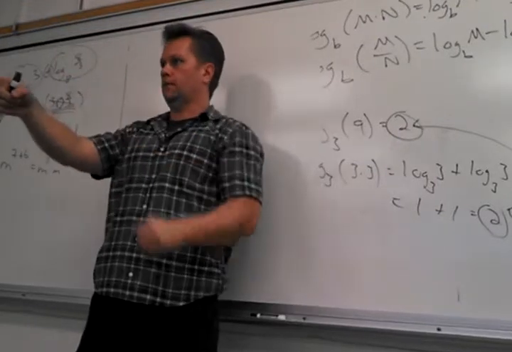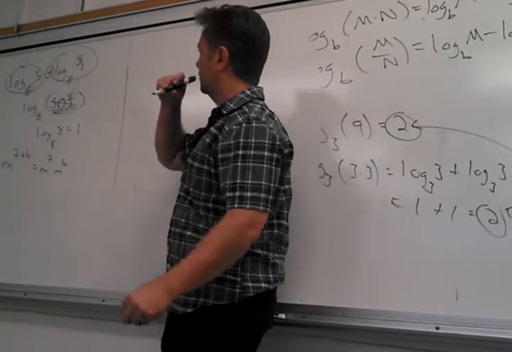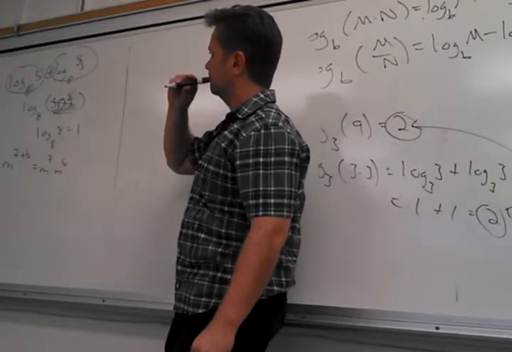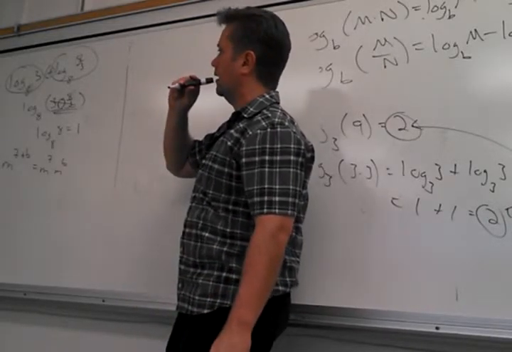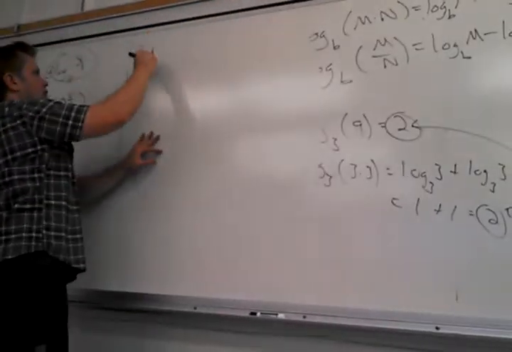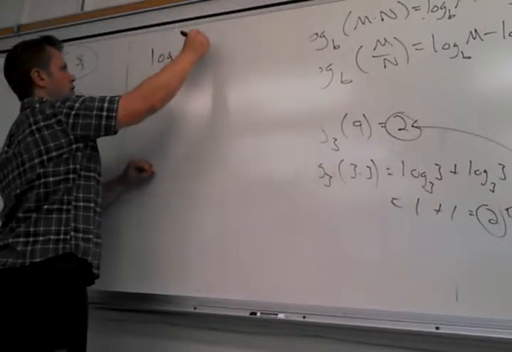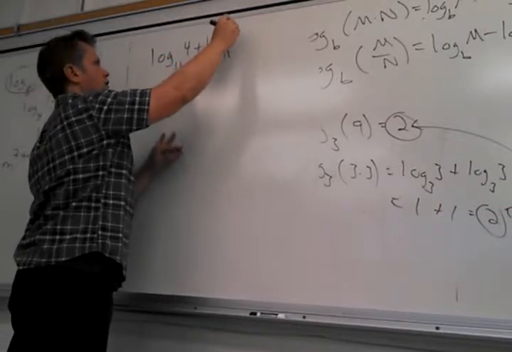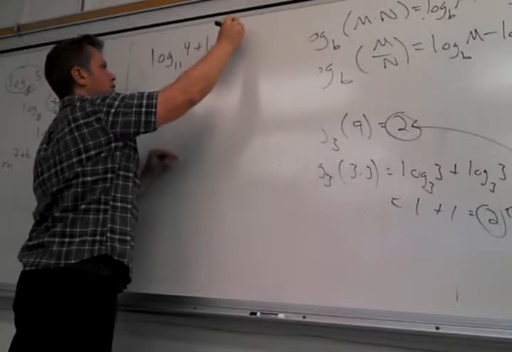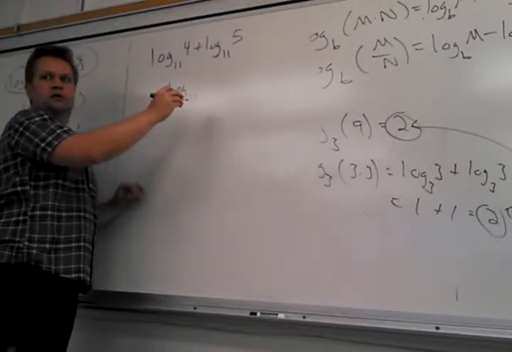A quick question. If it was 8/5 instead of 8/3, would that make a huge difference? Well, sort of. I don't have to have something I can do anything with. If I have log base 11 of 4 plus log base 11 of 5, I could write that as log base 11 of 20.